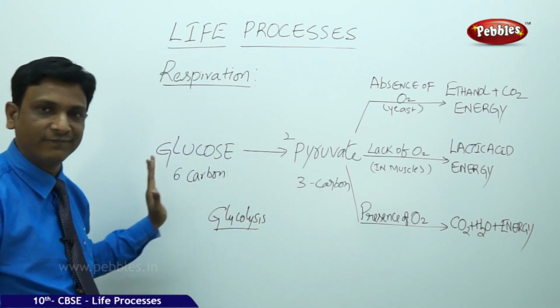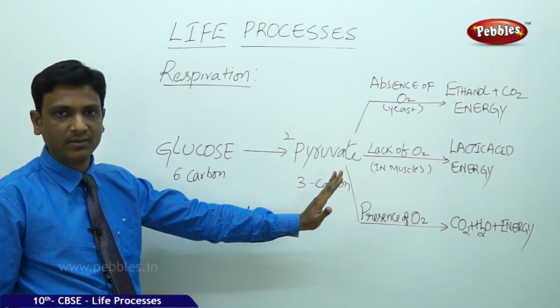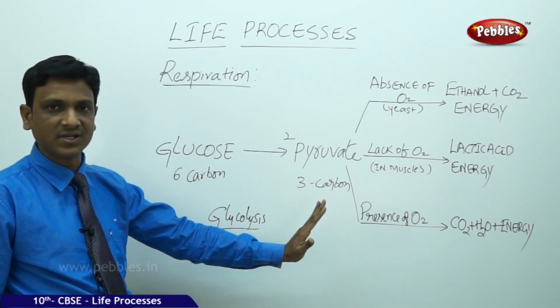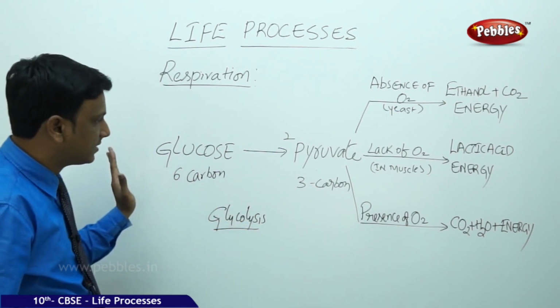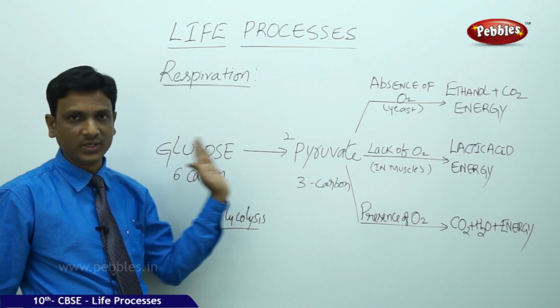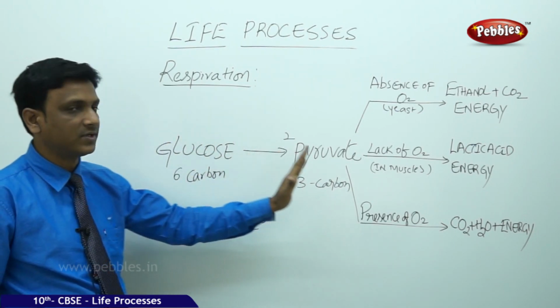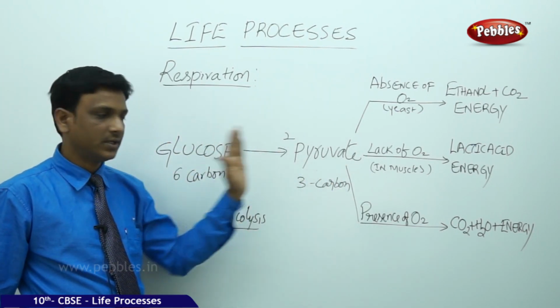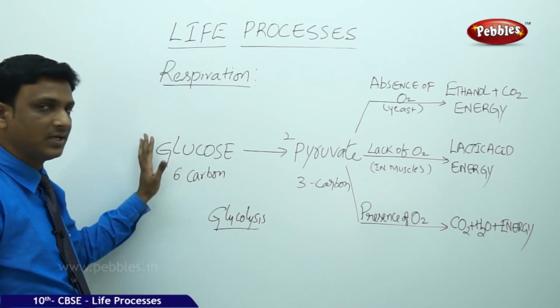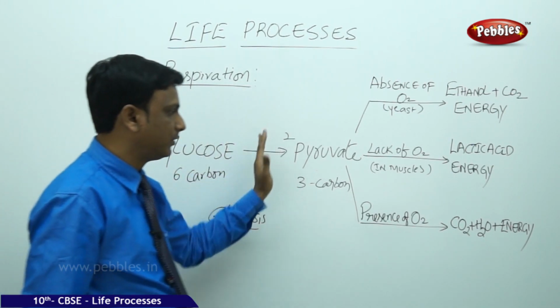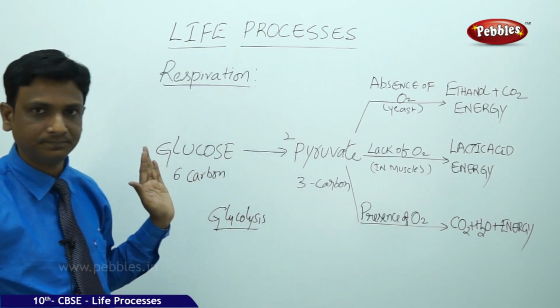Oxygen is not required for this step. Both for aerobic and anaerobic organisms, this conversion is common. What is that? Glucose is converted to pyruvate. One molecule of 6-carbon glucose is converted to 2 molecules of 3-carbon pyruvic acid.